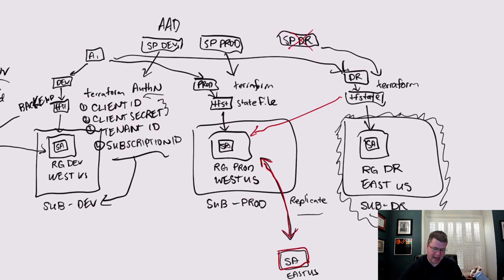And then in the case of an incident, you would just point your Terraform pipeline to the state files that are in the storage account where you're replicating backups of your prod and DR environments, and then you can manage your prod environment and your DR environment from that backup storage account.